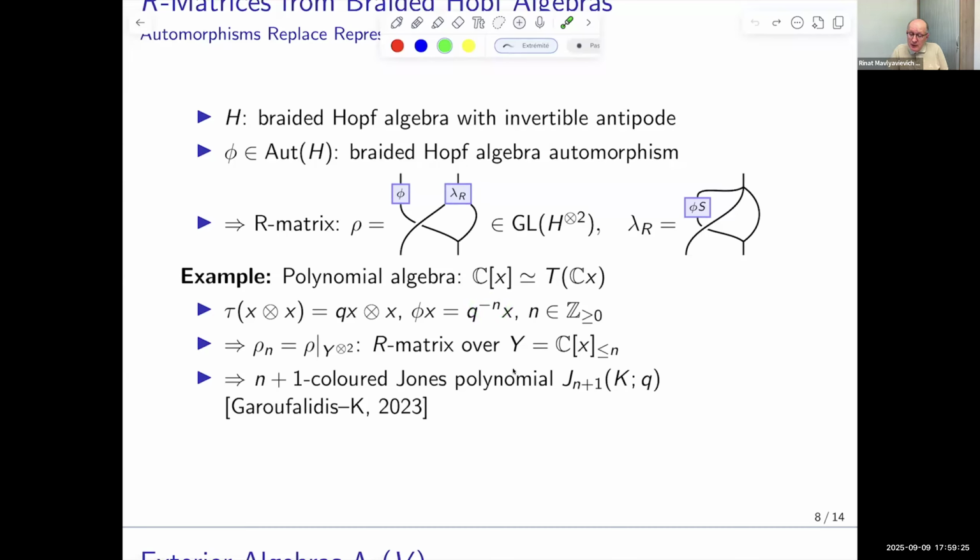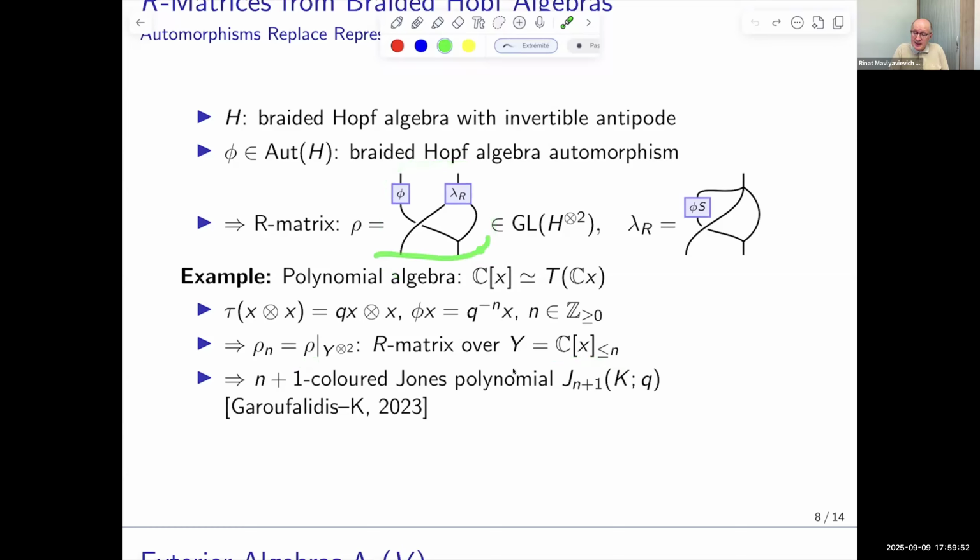But if we choose this non-zero scalar carefully, like a negative power of q, the braiding, then it appears that the n+1 dimensional subspace of the polynomial algebra is invariant under the action of the R-matrix defined by this formula.